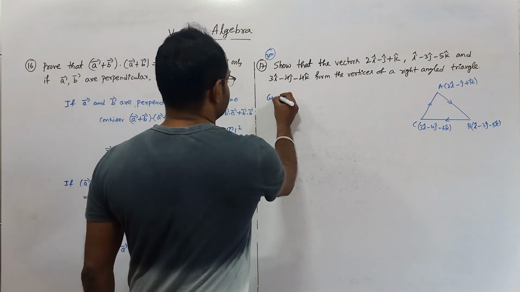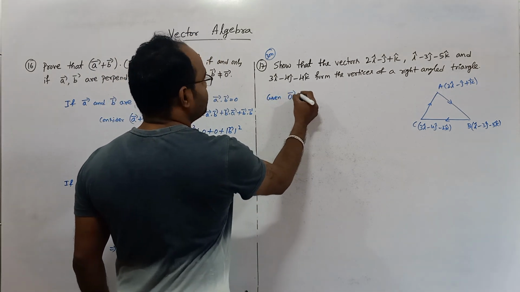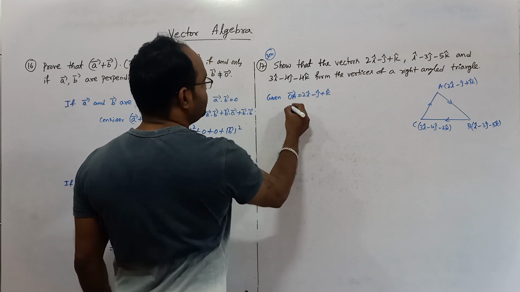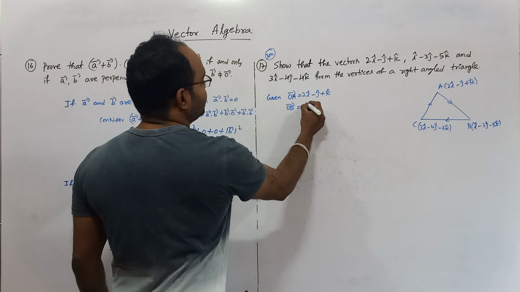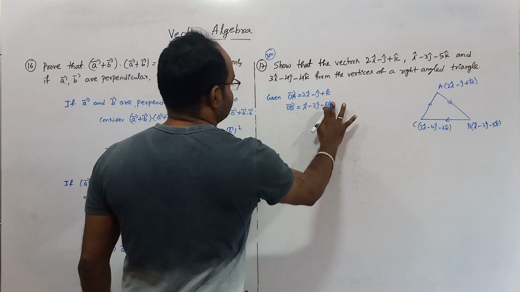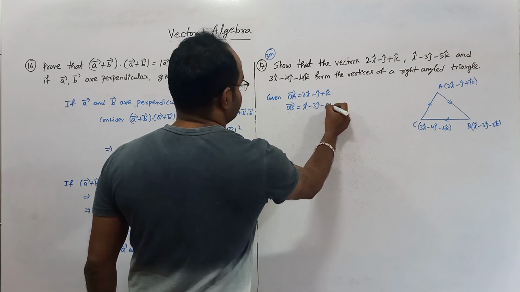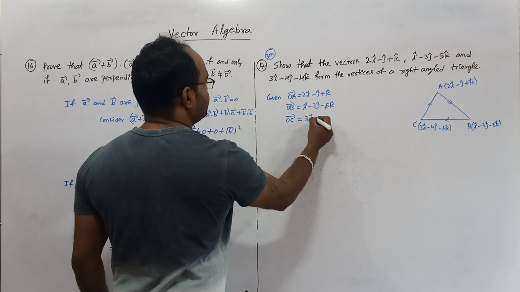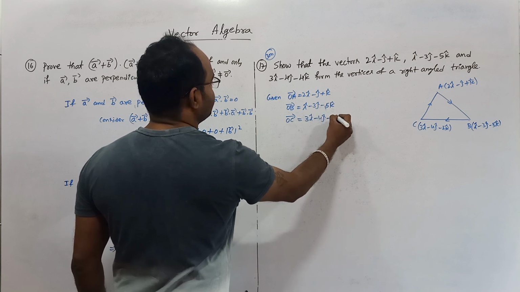Given that vector OA is 2i minus j plus k hat, OB is i minus 3j minus 5k hat, and OC is given to be 3i minus 4j minus 4k hat.